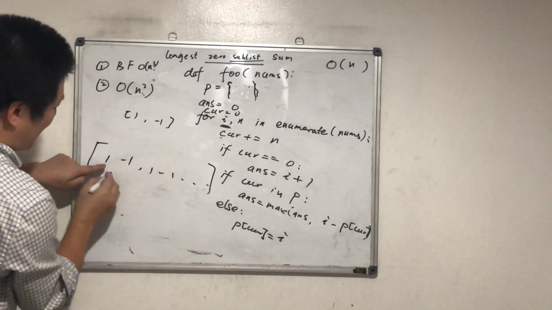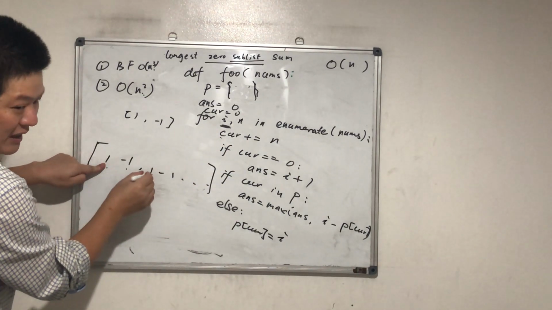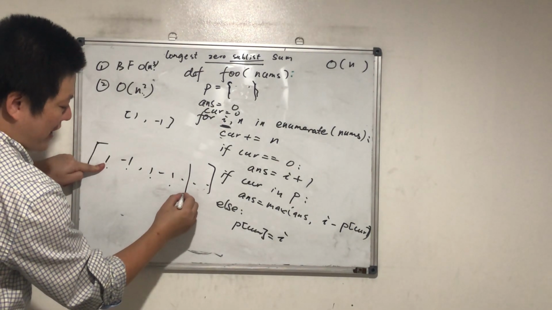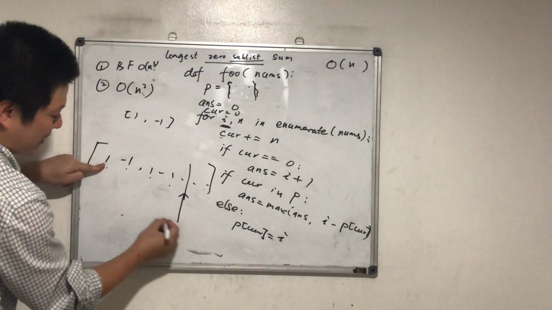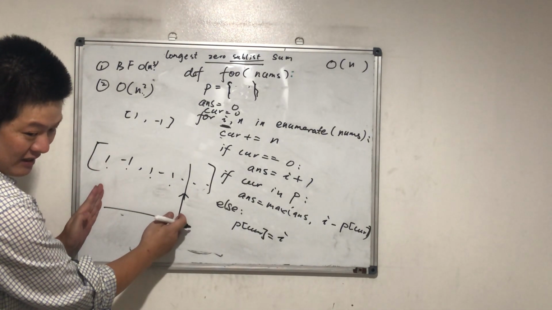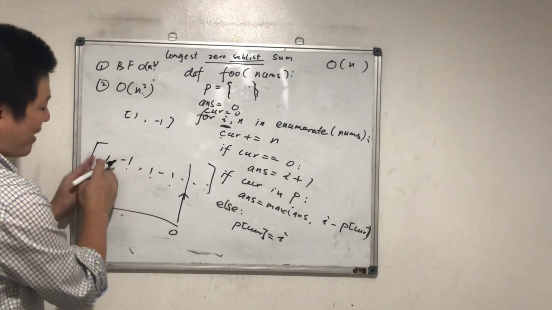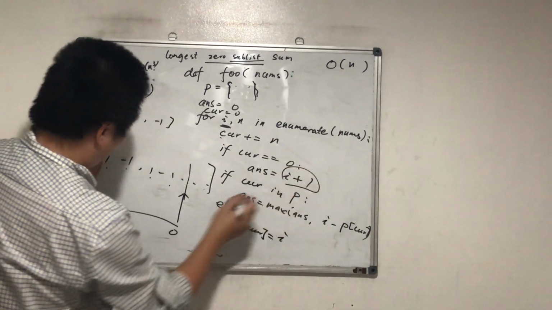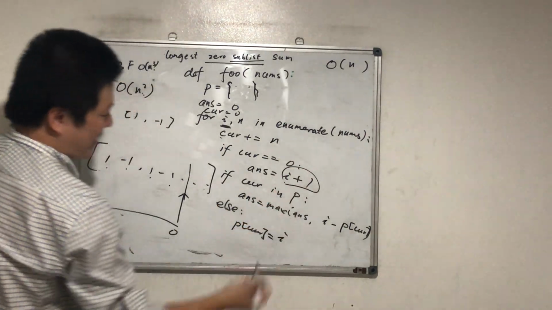This is the current sum. If at this point this is 0, can you find any sublist bigger than this? You can't, because this is already the largest, so I set it to i plus 1. Because we start with 0, the length will be i plus 1, right?